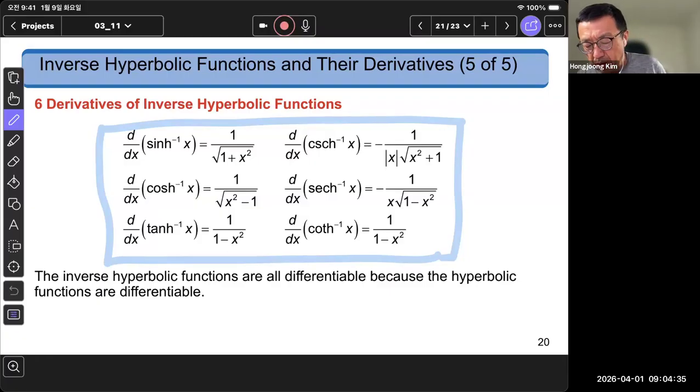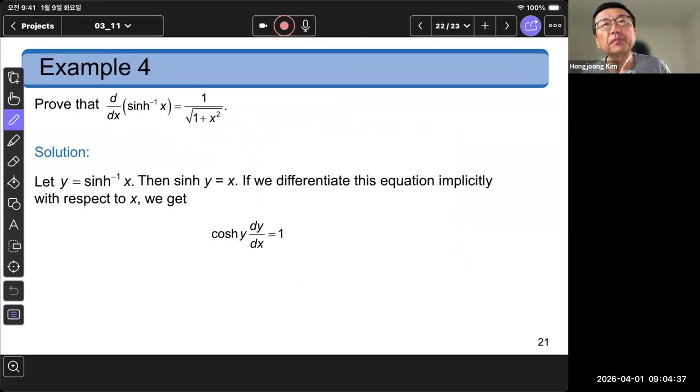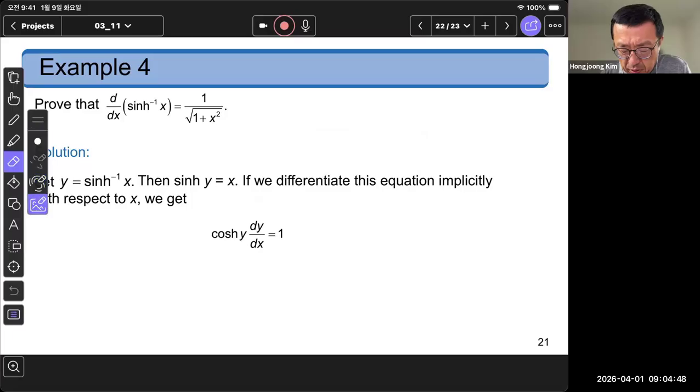As an example, we already considered this one. So let me consider some example.